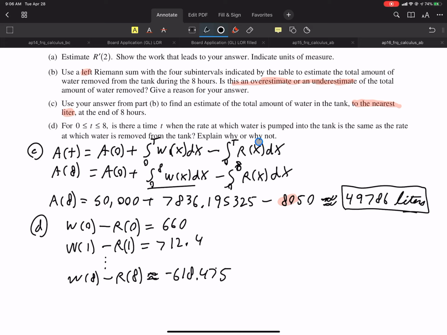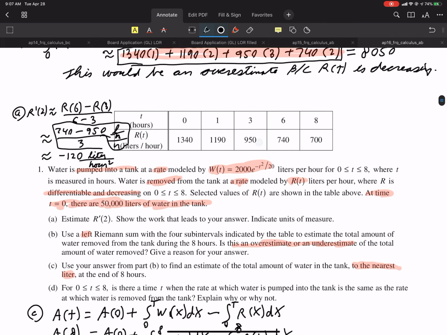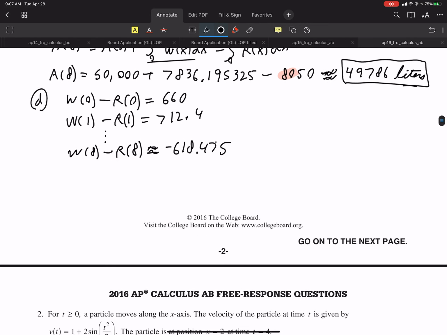That's the intermediate value theorem. For that to work, it must be continuous. So a lot more work we need to do here. So this is an exponential function. We know exponential functions are continuous. So W of t is continuous. Now, is R of t continuous? Well, R of t is differentiable, so we can get continuity from that. So if it's continuous, the theorem must apply.